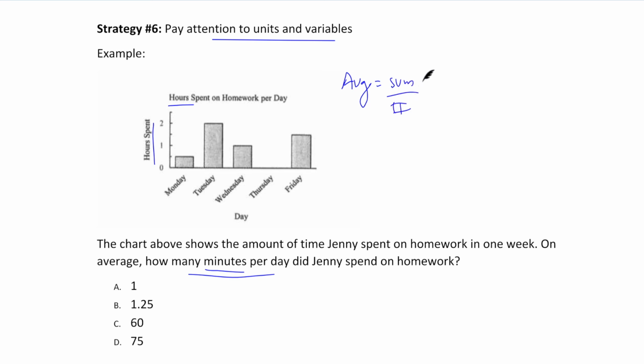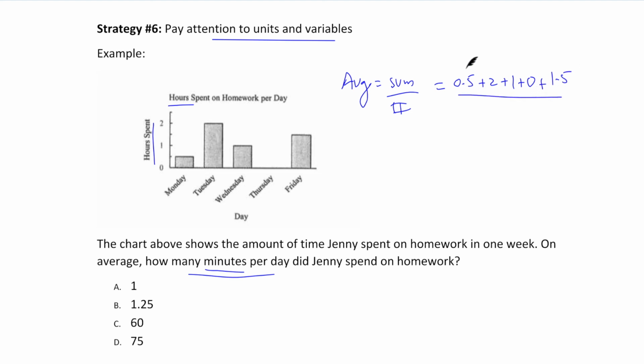We just take the average by adding together her hours for each day and then dividing by the number of days. On Monday she spent 0.5 hours, on Tuesday she spent 2 hours, on Wednesday she spent 1 hour, on Thursday she spent 0 hours, that's bad. On Friday she spent 1.5 hours.